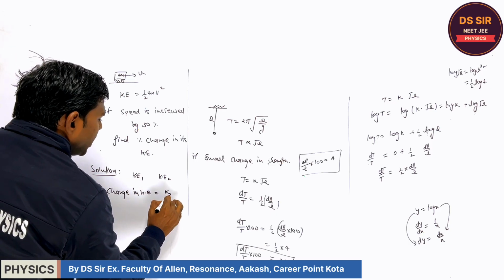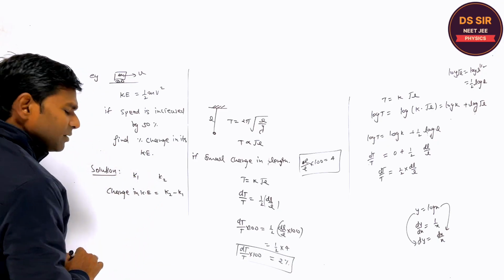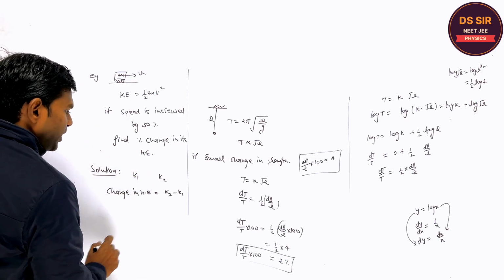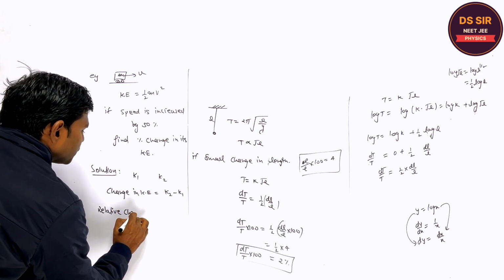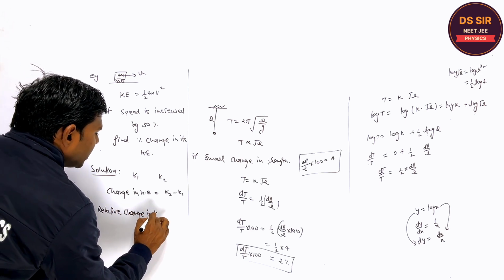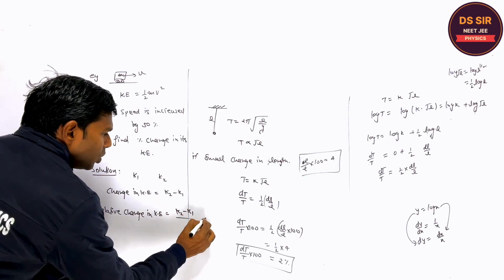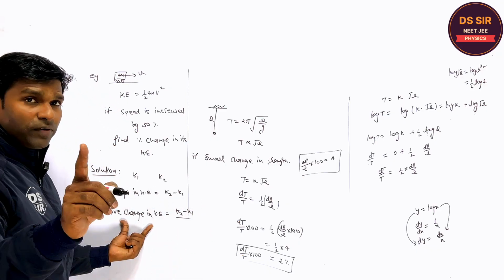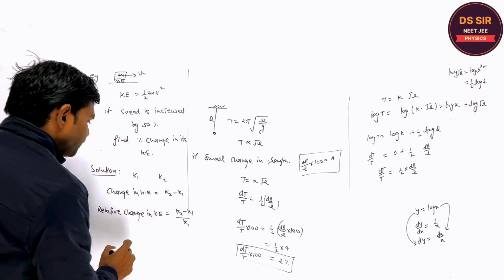It is K2 minus K1. I am writing it is K2 and K1. This is the change in kinetic energy. Now, the relative change in kinetic energy. To find the relative change, always remember: change divided by initial value.